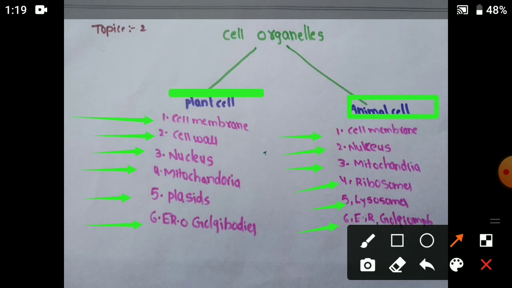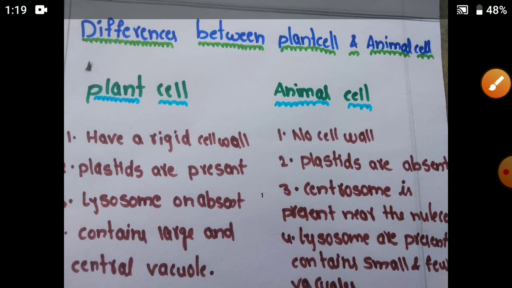In the cell organelles we have two types, plant cell and animal cell. Six are there in the plant cell and six in the animal cell. Okay, twelve organelles are present in cells.